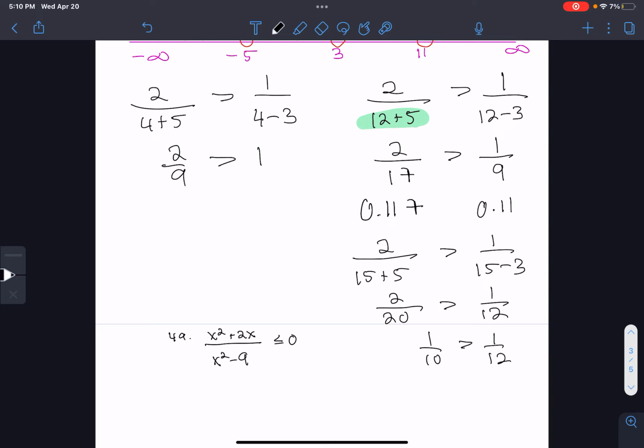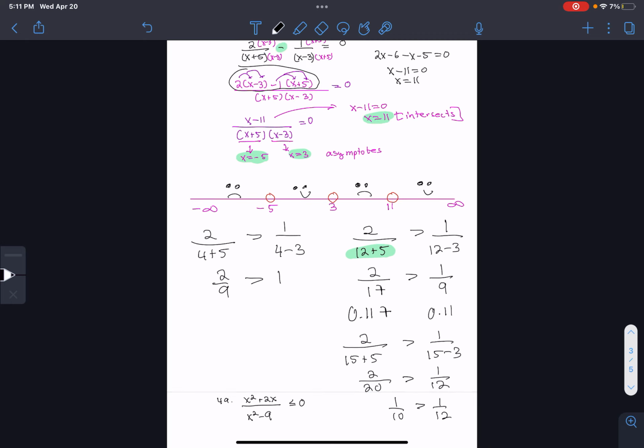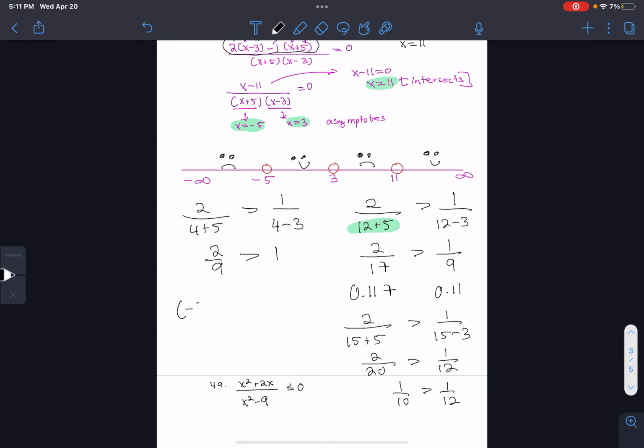So it is actually bigger than 0.11. So that means that this is actually greater than. So our final answer then should be from -5 to 3 union 11 to infinity.